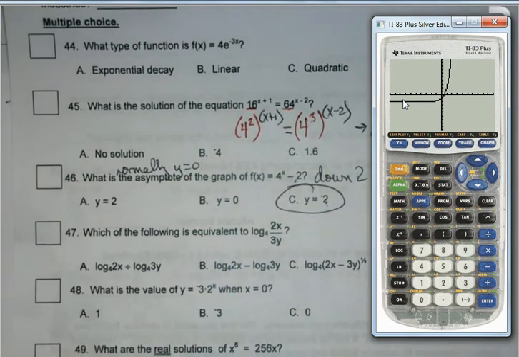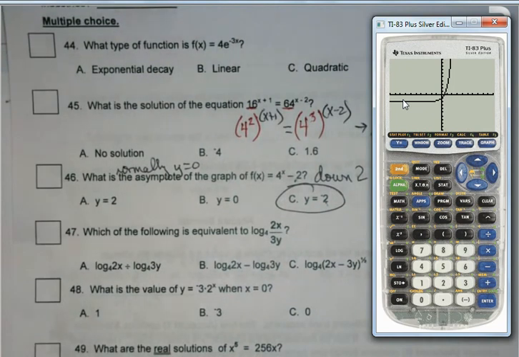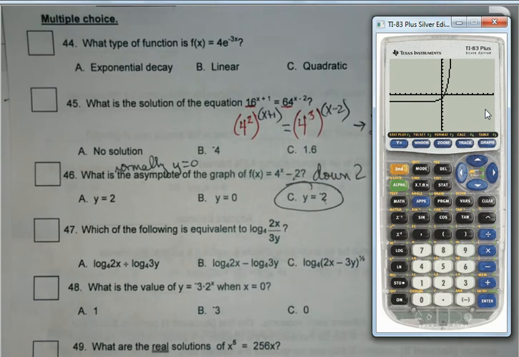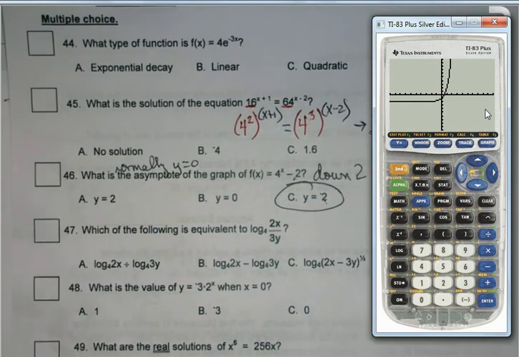Now again, can I get that by plugging it in the calculator? Sure, I can visually see right now this is kind of stopping along where y is -2 and just kind of keeps going along. But if I understand the shift, I can just look at that and say, oh, it was down 2, bang, done.